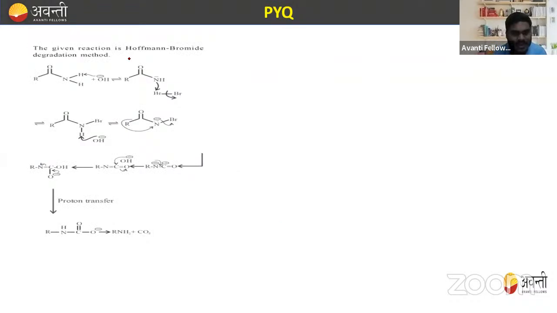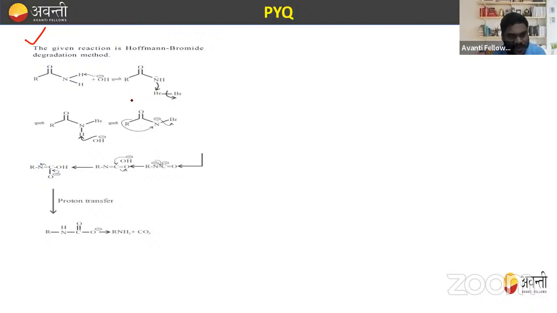Let's see the mechanism behind this. The given reaction is the Hofmann bromamide degradation, in which RCONH2 is treated with NaOH. The strong base OH- takes this H, giving RCONH negative and Br.